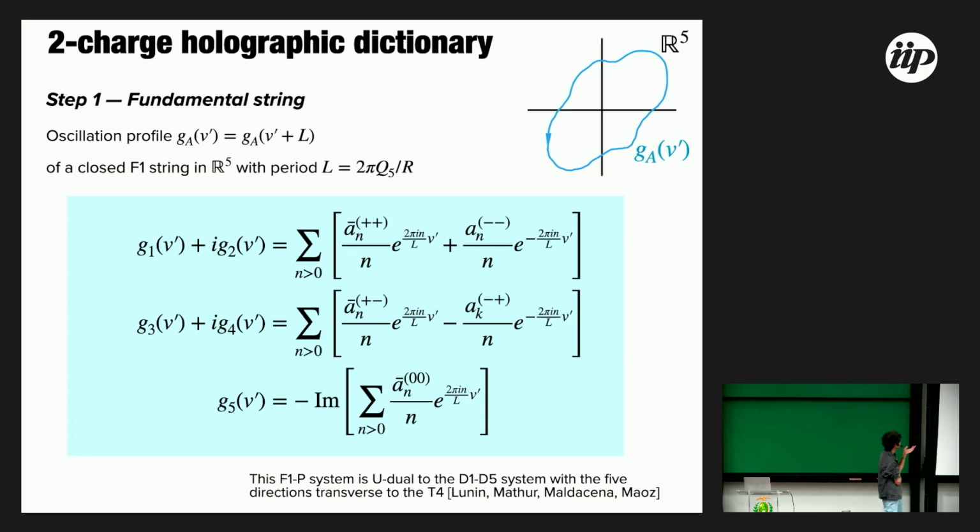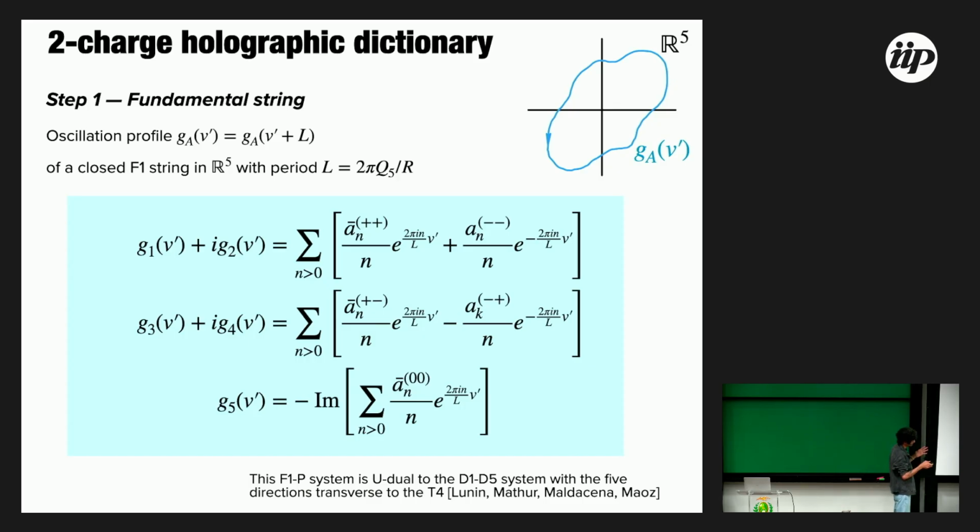And I'm going to try to describe very briefly a specific example of a 2-charge geometry, which was found a while ago. The dictionary was made a while ago by Marika Taylor, Skenderis, and people like that. And I'm just going to sketch how the states correspond to the geometry.